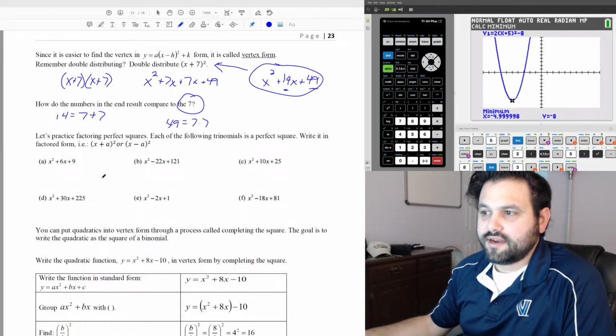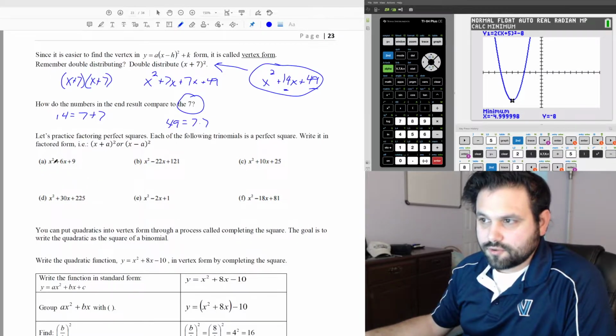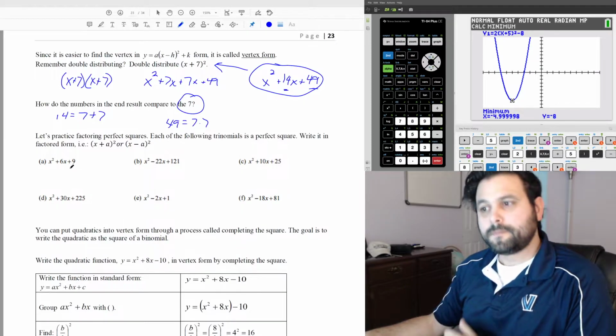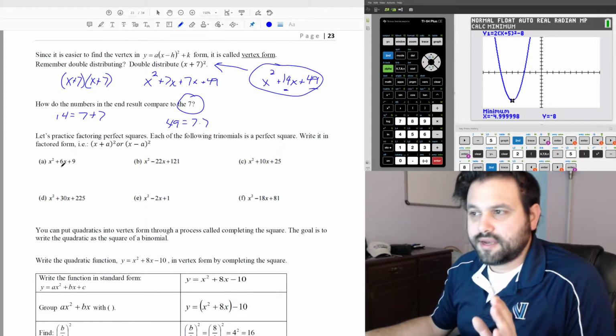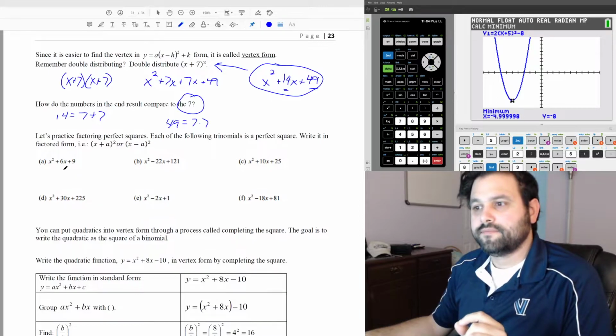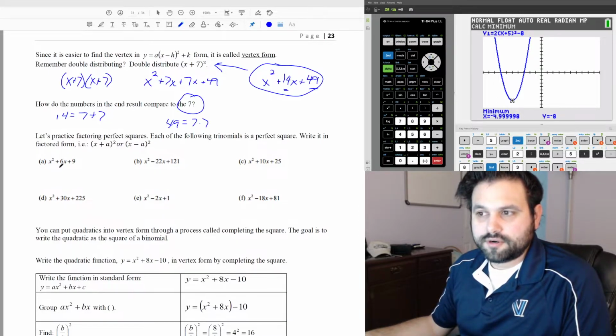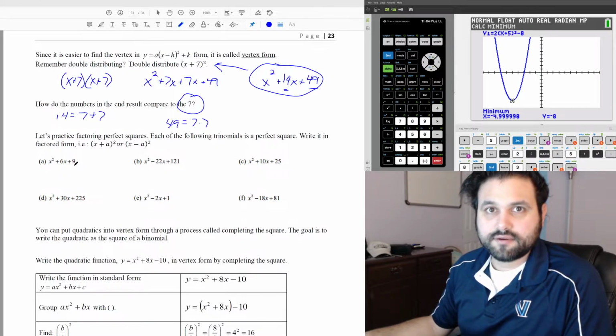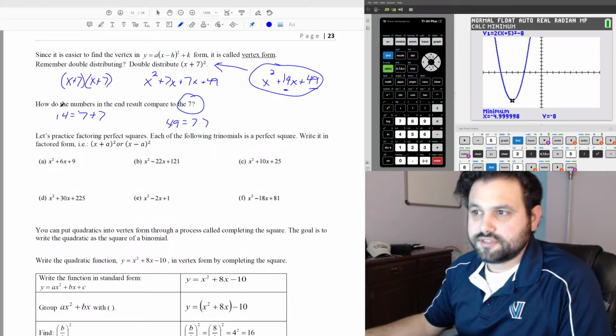So let's try that right now with these problems, right? So part A, x squared plus 6x plus 9. I want to write that as a binomial squared. Well, what number doubled gives us 6 and squared gives us 9? So this is another way to think about this.